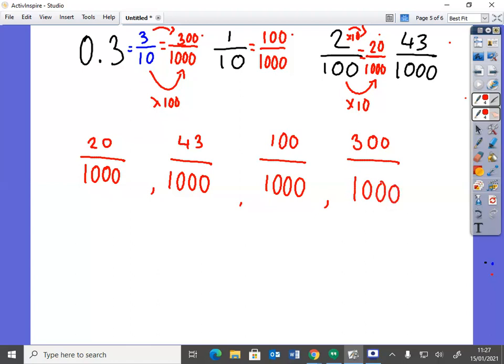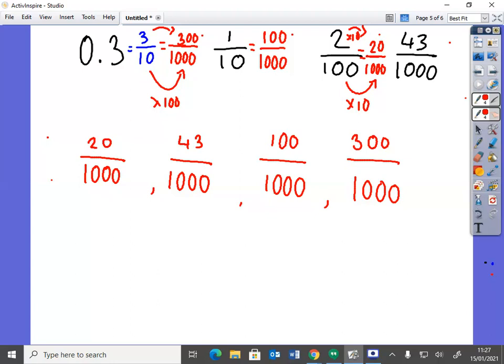So just to check, my denominators are all the same, that is correct, and my numerators are increasing in size each time. 20 is the smallest number, then 43, then 100, then 300. So these are all in order now.